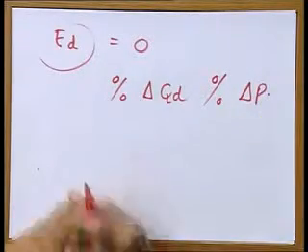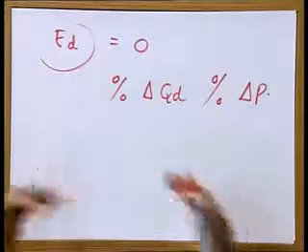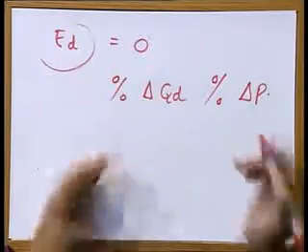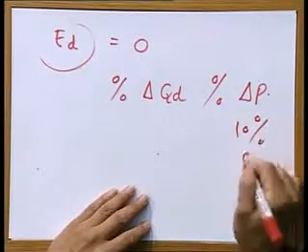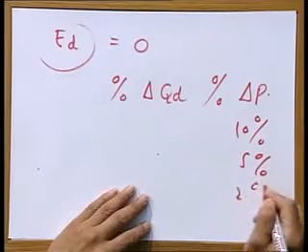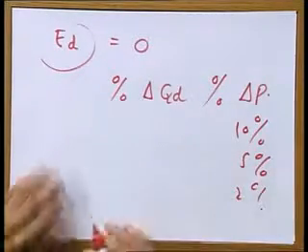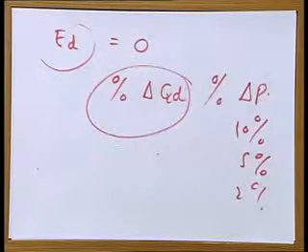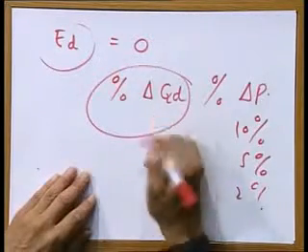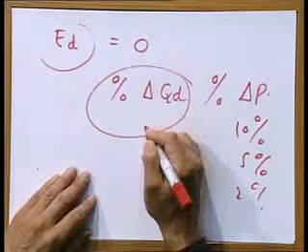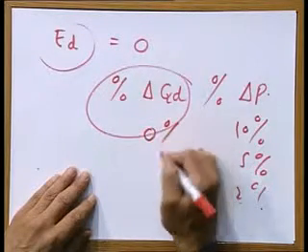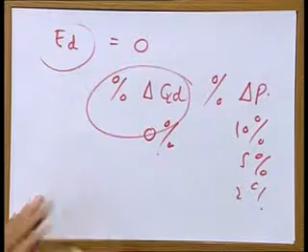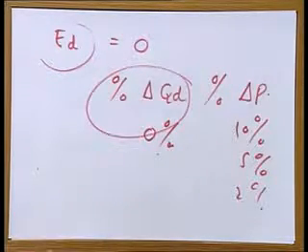What will happen if the price changes by any amount, say by 10%, or 5%, or 2%, up or down? What will happen with the quantity demanded? The quantity demanded will remain exactly the same. The percentage change in the quantity demanded will be 0%. The quantity demanded doesn't change.